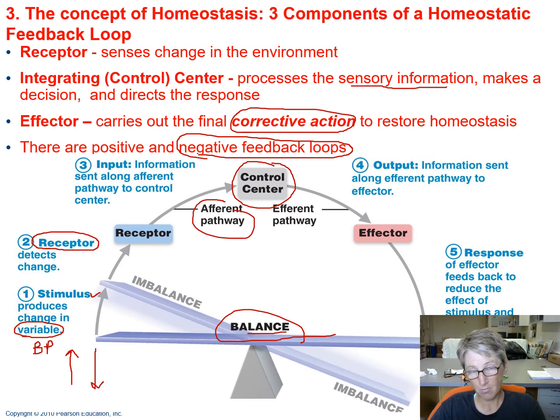That's why it's a negative feedback. In positive feedback loops, if a variable goes up, the variable will just go up and up and up. And sometimes you need your variable to just keep going up, and I'll show you some examples of that in a minute.